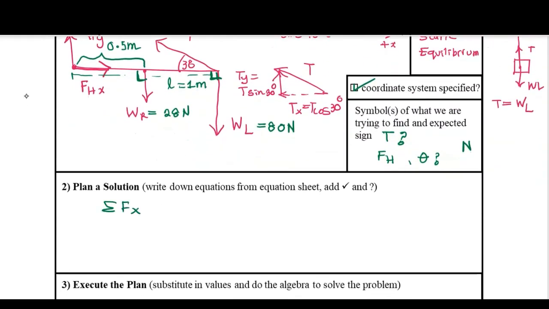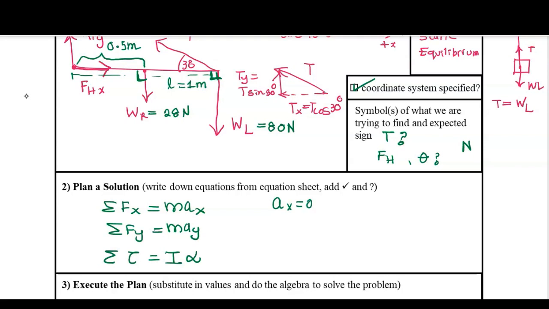The answers are measured in newtons. So let's use Newton's second law in the x direction, and then Newton's second law in the y direction, and then net torque is equal to I times alpha. This I is the moment of inertia and alpha is the angular acceleration. If you're not familiar with I and alpha, do not worry, because in static equilibrium problems, torque is going to be equal to 0.